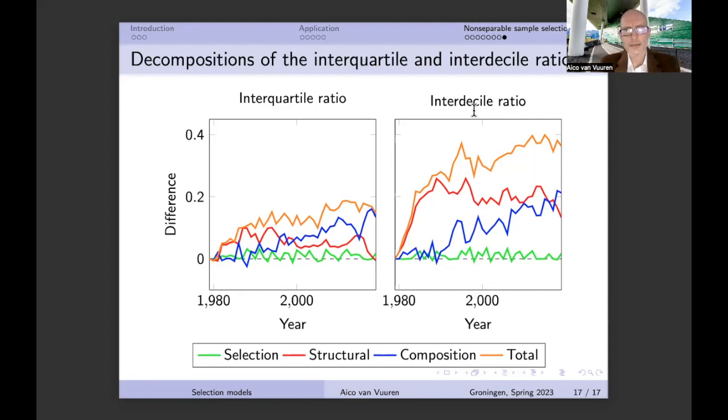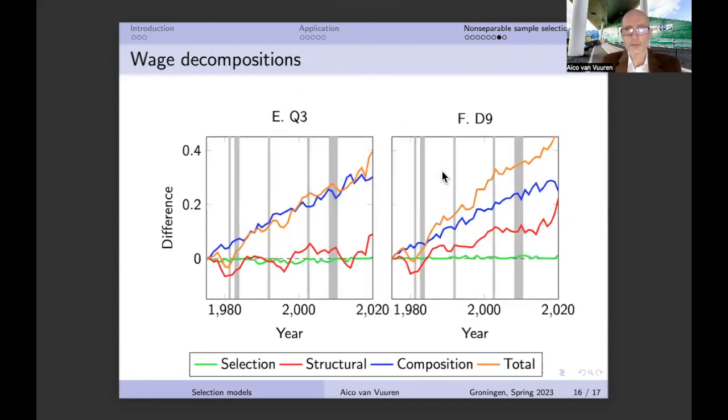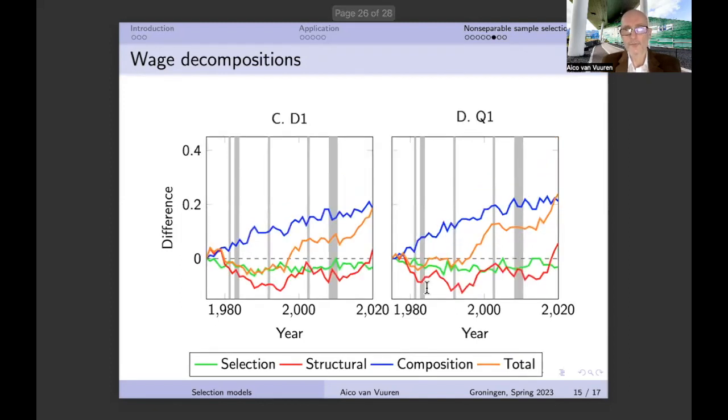We see that the interdecile ratio has increased a little bit faster, and we also see that, especially at the beginning of our sample period, the structure effect explained that quite a lot, and that is actually what we might expect because we have already seen that the structure effect in this period for these individuals that live over here in D9 did not have such a big impact, but it did have a really large impact here at D1.